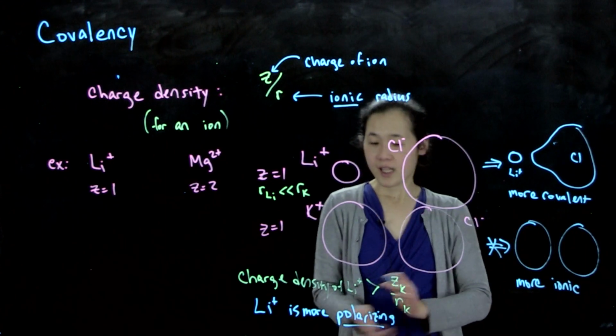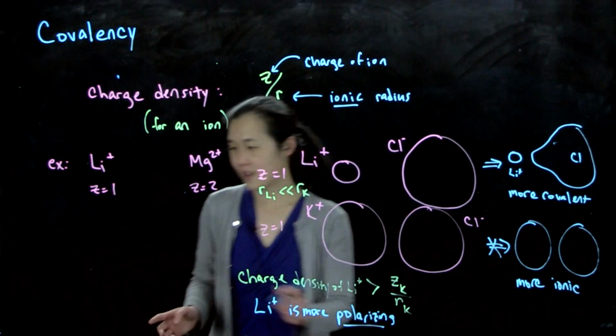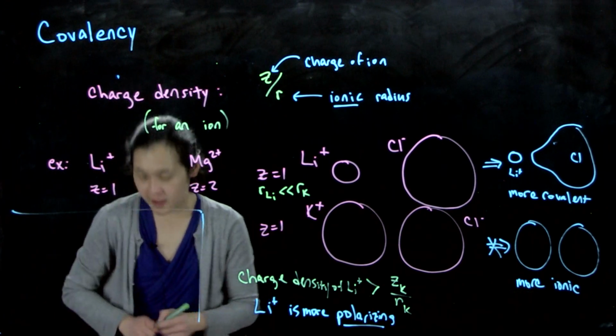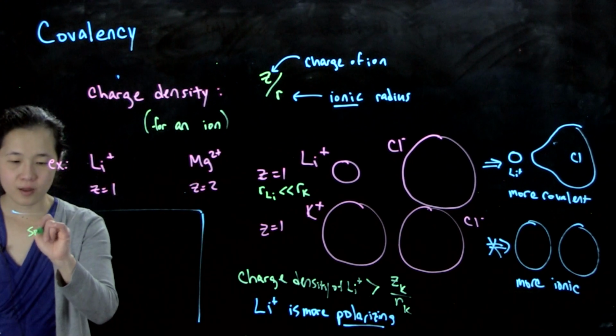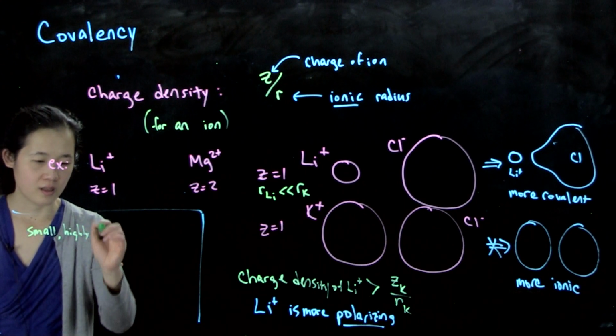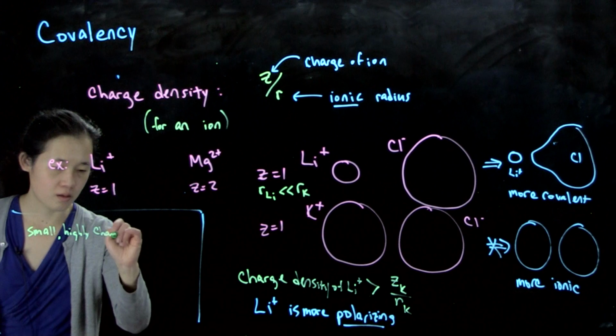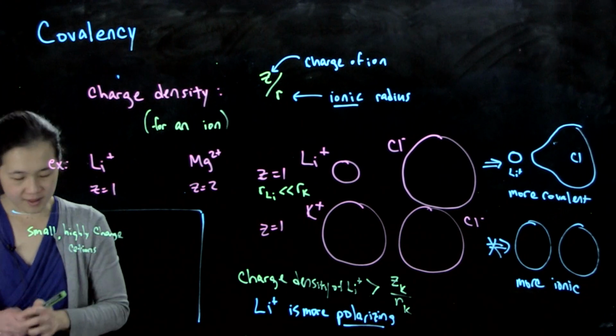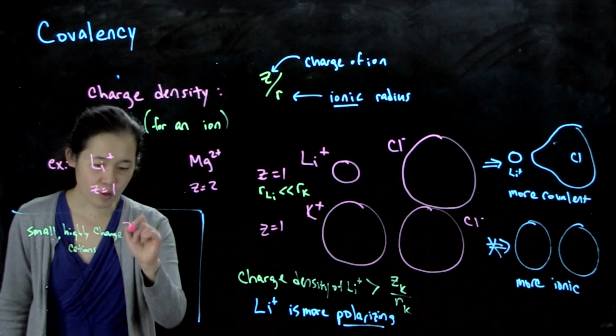So again, the takeaway point I want to have is that small, highly charged cations, sorry, that's running out of ink, these are polarizing.